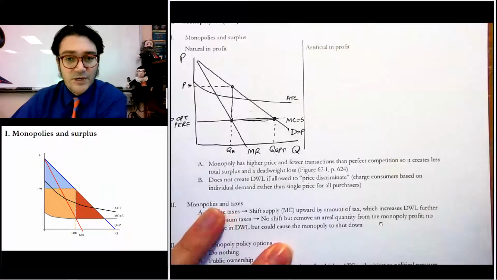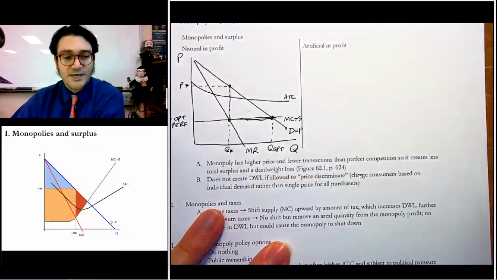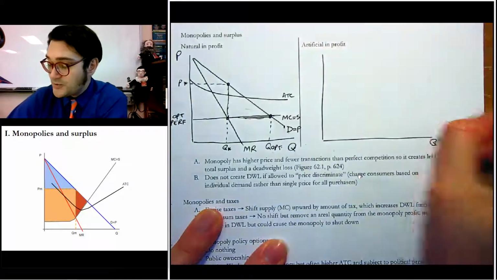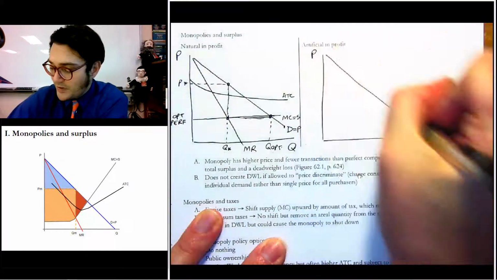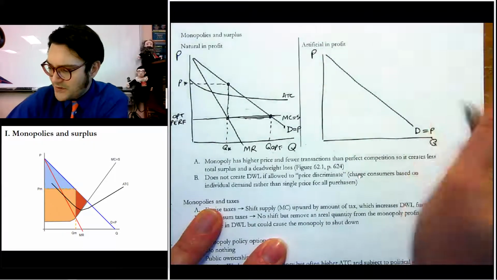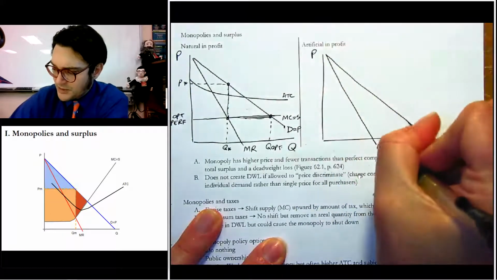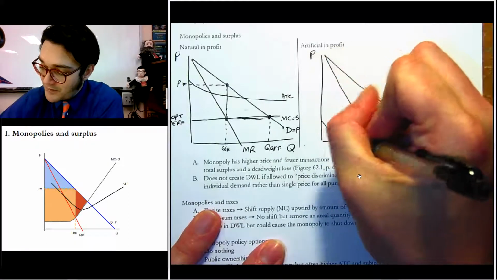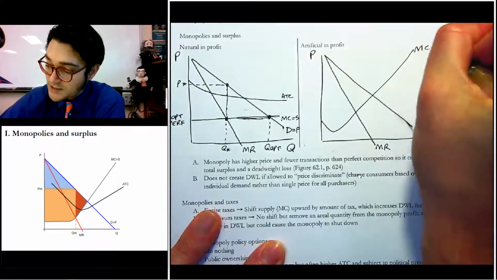Now we'll see what an artificial monopoly would look like, and it's a similar problem, right? They don't produce where supply and demand intercept. Even when they're the artificial ones, you still have the same demand curve, and we'd have marginal cost equals the supply curve.